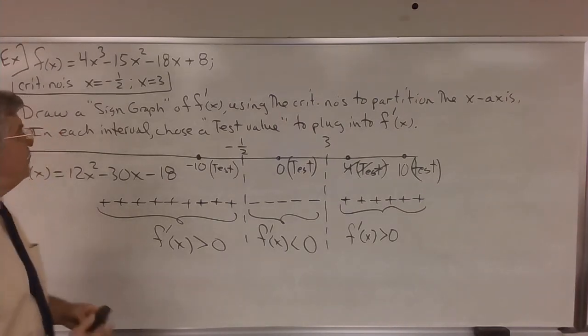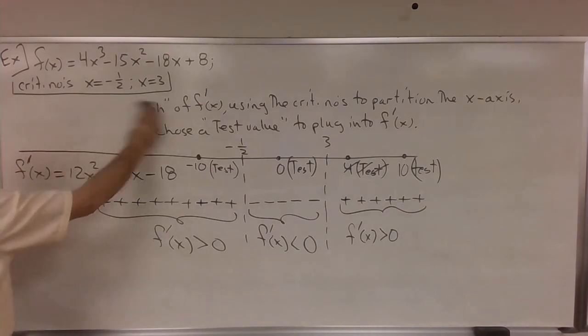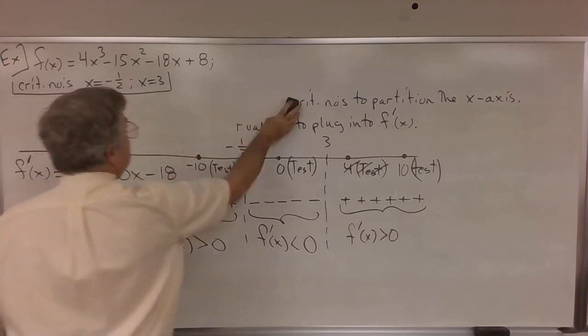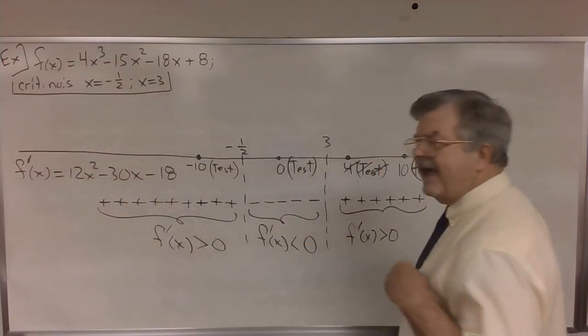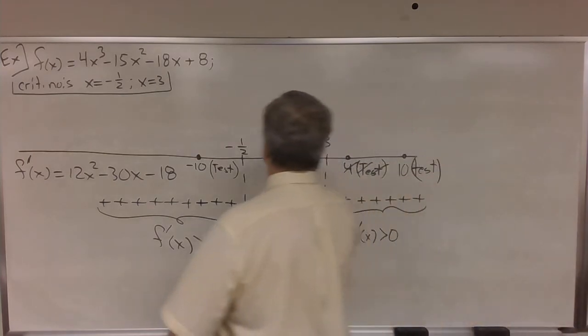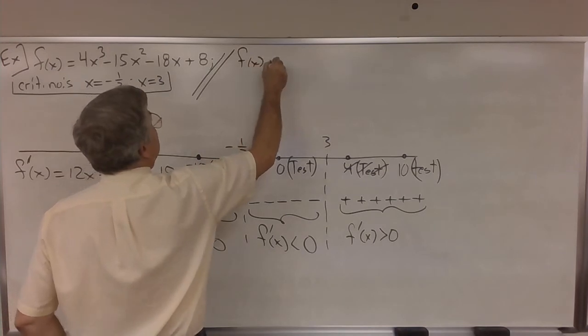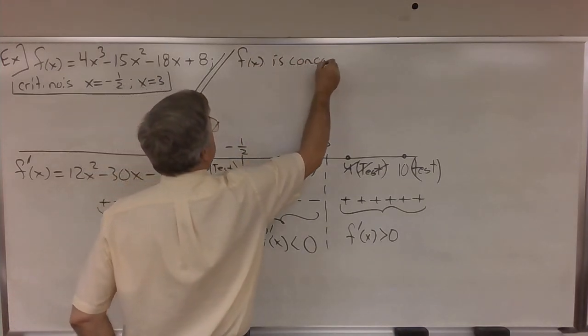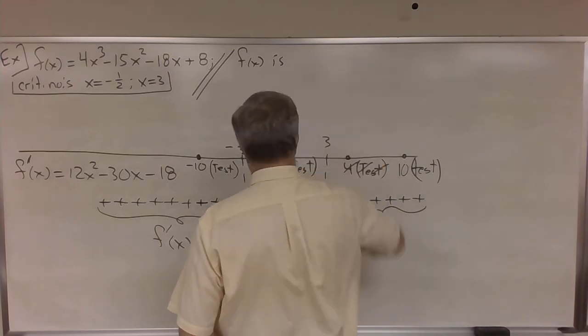And we have enough information right now to answer half of what we've been asked to find. F of x is concave up. No, I'm sorry. Forget I said that.